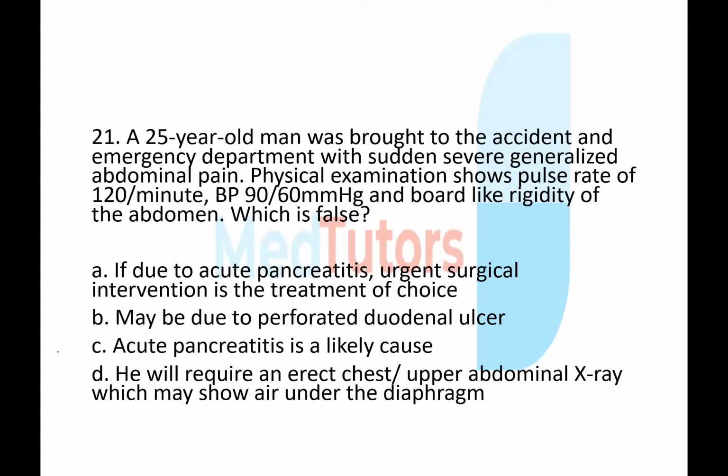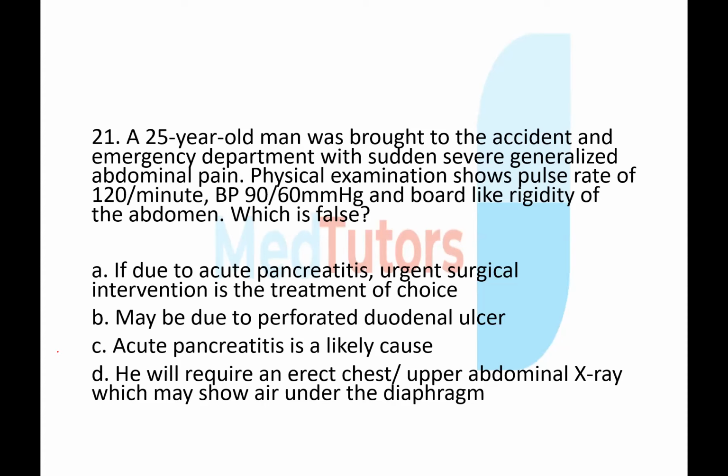Physical examination shows pulse rate of 120 beats per minute, blood pressure of 90/60 millimeters of mercury, and board-like rigidity of the abdomen. Which is false? Now, if you look at this question carefully, this patient is in shock.